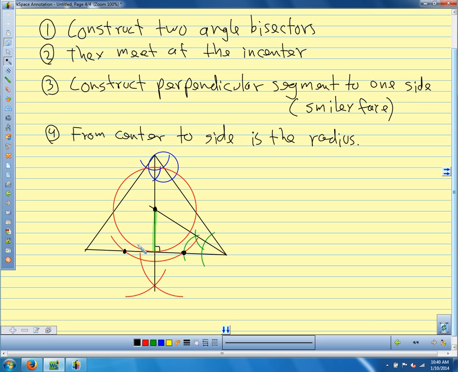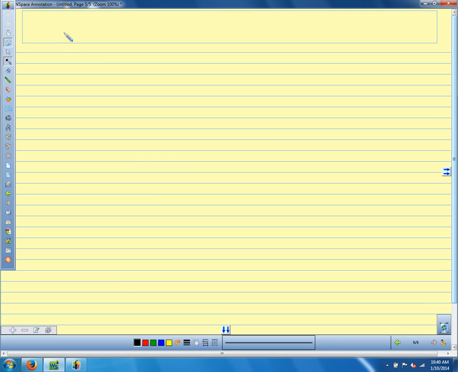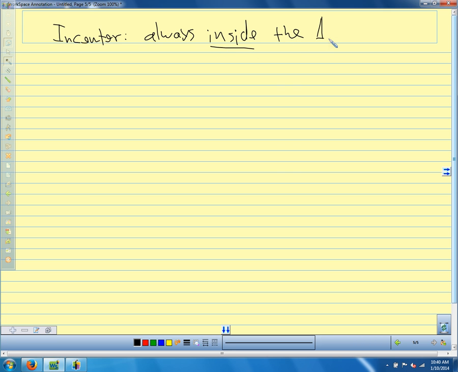All right. The incenter is always inside the triangle. So for our circle to be inside the triangle, the incenter has to be inside. The circumcenter can be inside, outside, or on the triangle.